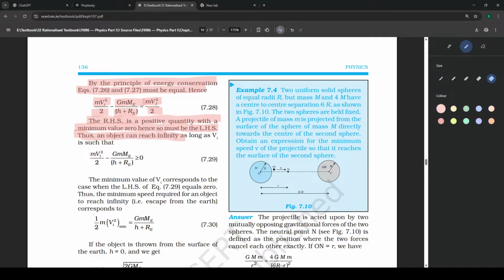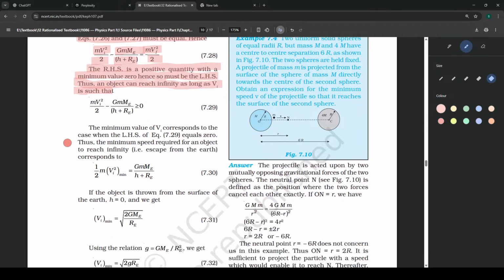Thus, an object can reach infinity as long as v initial is such that the initial kinetic energy plus potential energy, the sum of initial kinetic energy and potential energy, should be greater than 0. Only in such a case can it reach infinity.